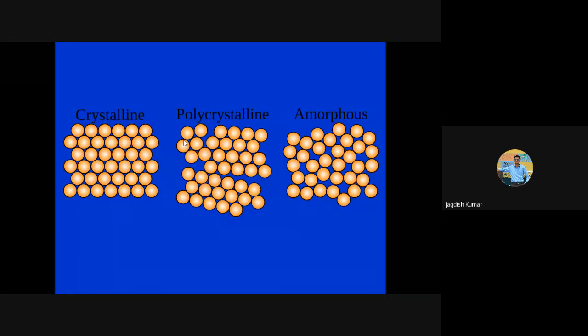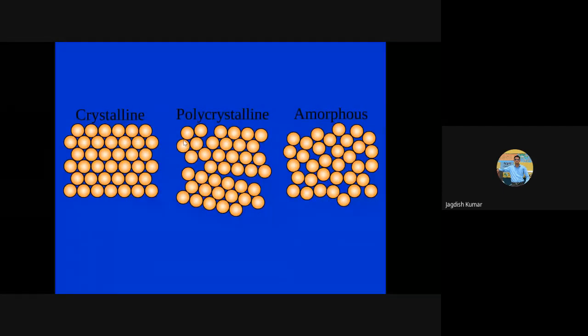In amorphous materials, you don't even have that short range periodicity. I mean, there is no periodicity. Amorphous materials may have a local order. A local order means, for example, we take a molecule of methane.